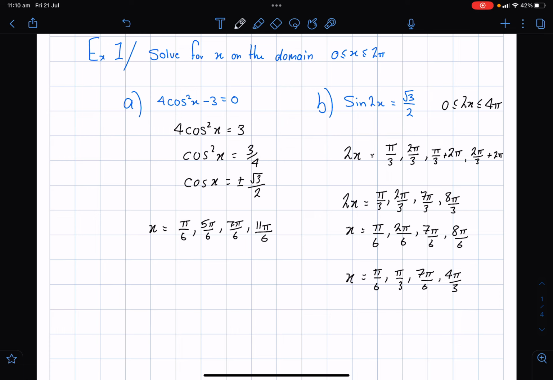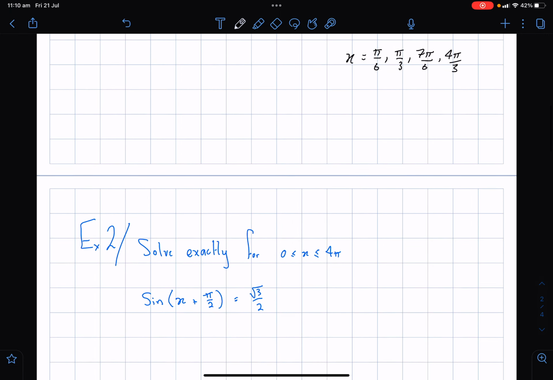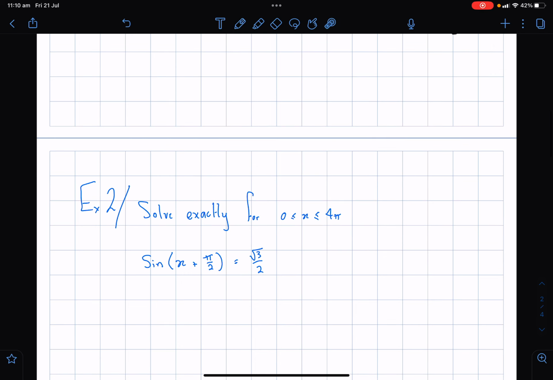Now, that should all be pretty familiar to you, but let's have a look at a slightly different example. So solve exactly for x in 0 to 4 pi. But you can see my argument has changed in a slightly different way. Instead of timesing or dividing my x, I'm actually adding something.